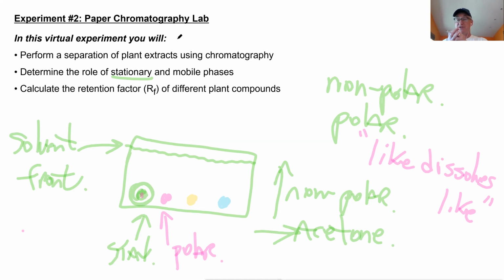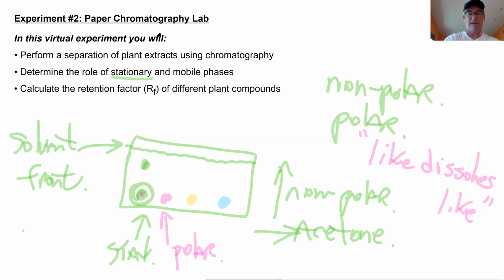And so the more interactions it has with the acetone, the more stable it is in the acetone. And so it will move from the paper to the acetone. And as the acetone moves up the paper, the green spot will move up as well. So after a while, the green spot will move up and the pink spot will basically hardly move at all.